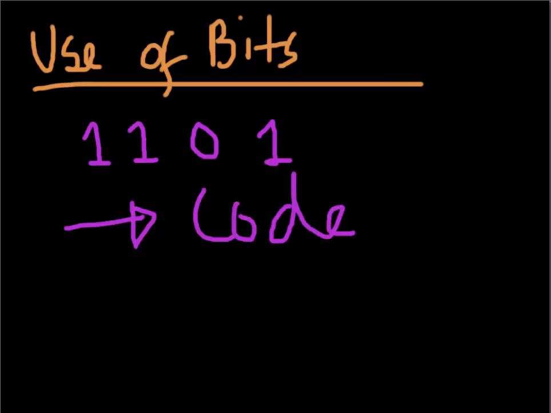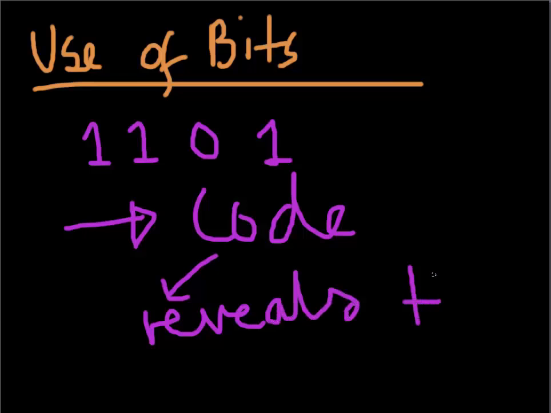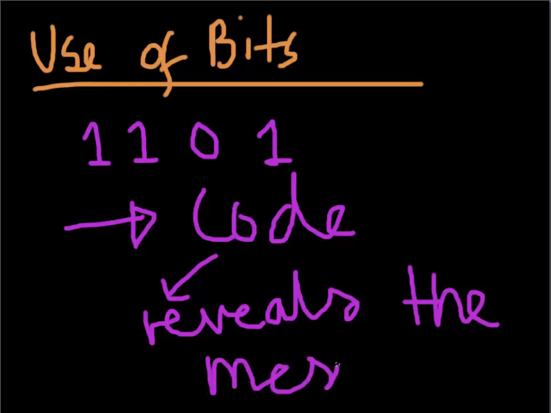So this code reveals the message, or it is just something that tells us what something else means.